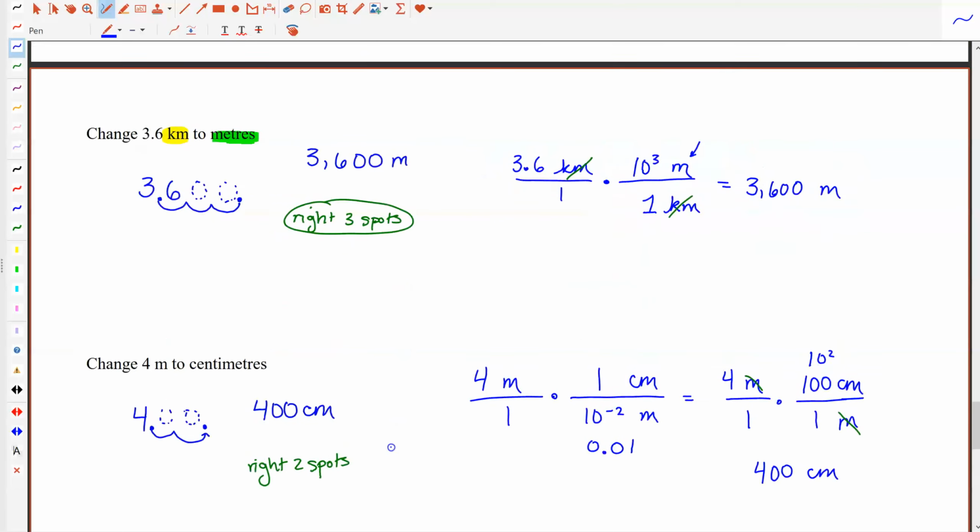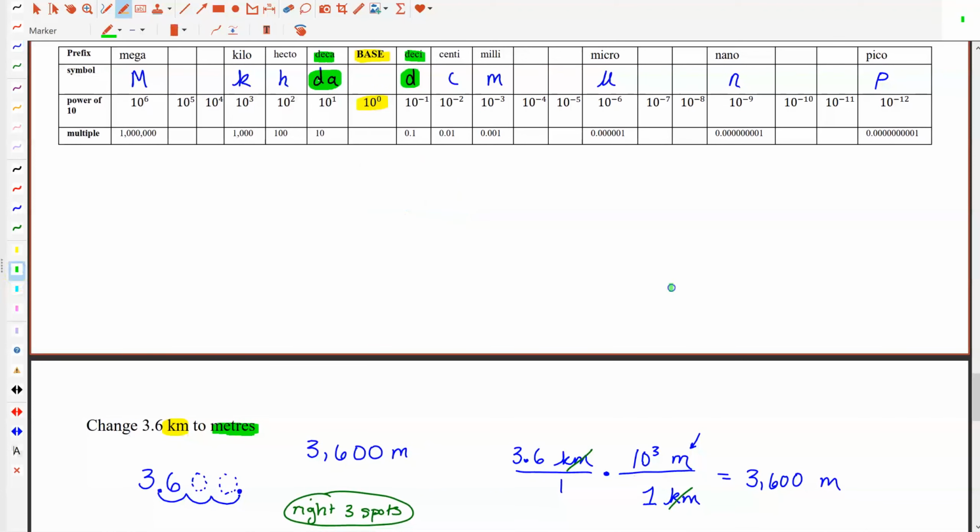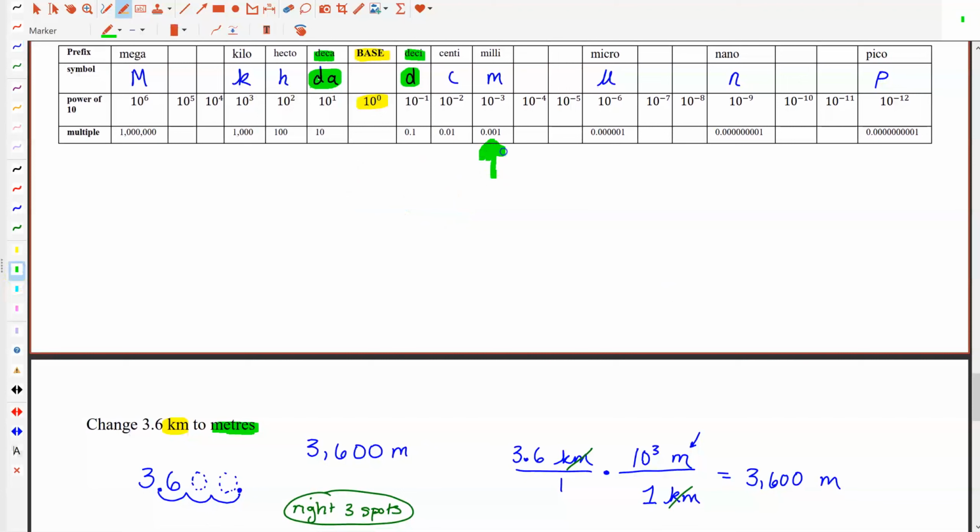Alright, so again, if we go back up here to this table, and right now I am in millimeters, which is right here, and I want to go to decimeters, which is right here. So notice, to get from milli to deci, we're going to go left 2 spots.